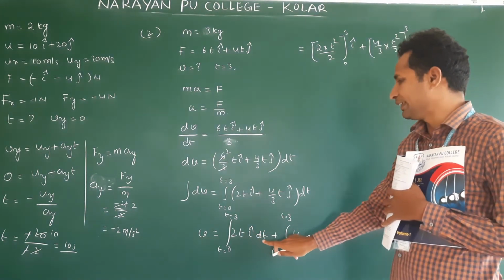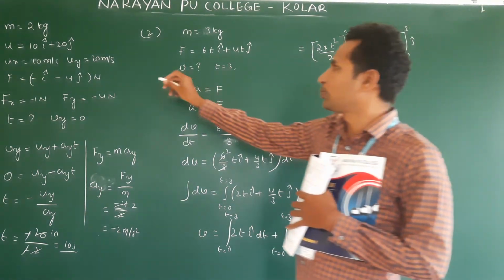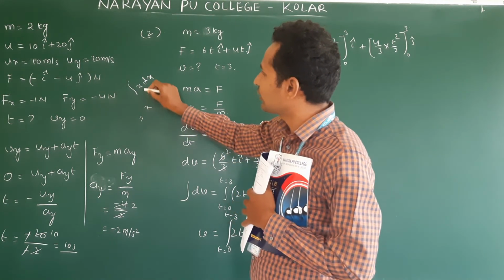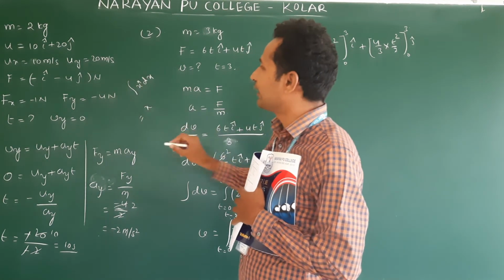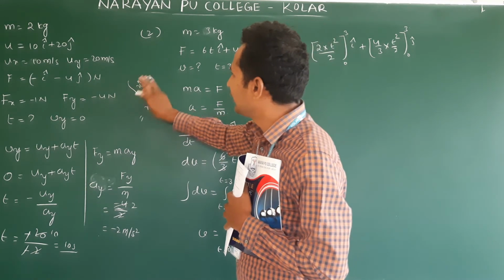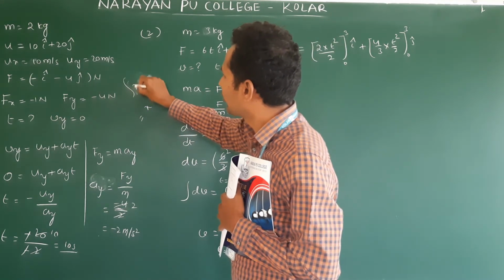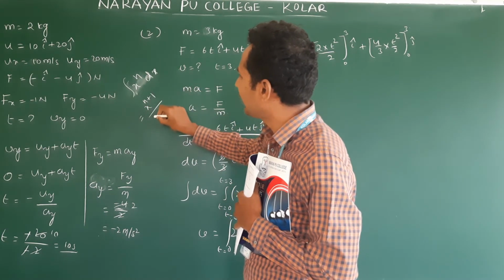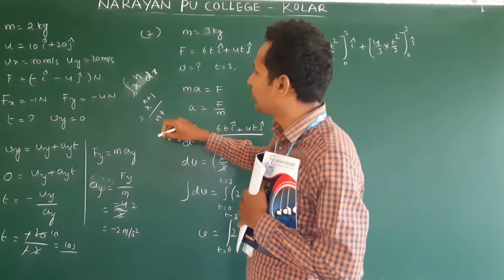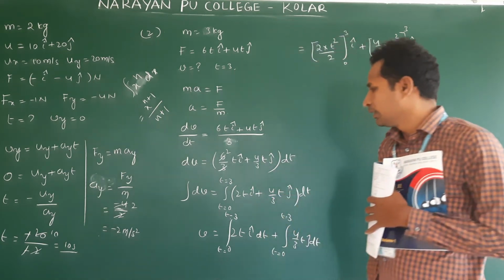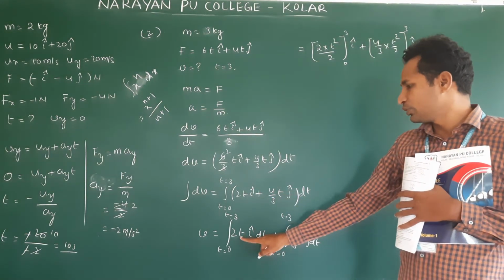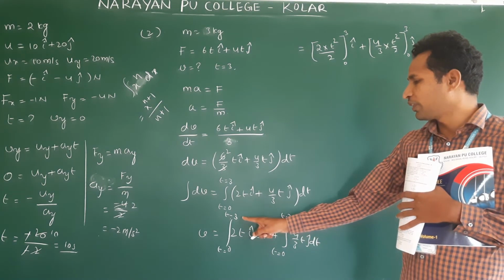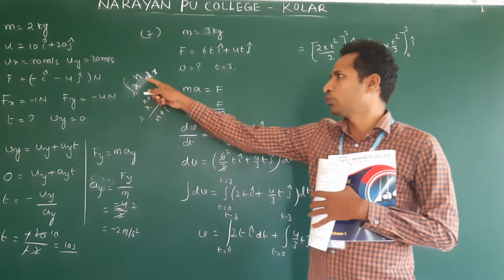The integration of t dt, sir already explained integration of x dx. How do you write x power n? Integration of x power n dx is x power n plus 1 by n plus 1. Instead of x you take t. T power 1 is there. N value is 1.